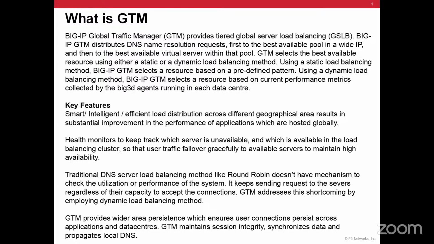Now the client has to decide which one to connect to, but there was no mechanism for the DNS server to check the actual health of the server it is exposing to the client. So the client might get the IP of a server which is already down. That was the issue with the traditional server. That's why you need a technology like GTM, GSLB. There was no mechanism to check the health of the backend system or utilization, which we get from GTM. Okay, got it. Thank you.